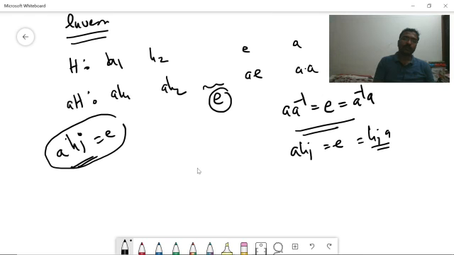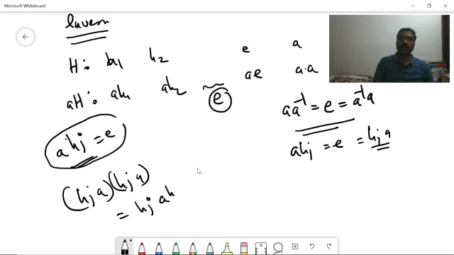So before that, what I am going to do is consider this HjA into HjA. We are just going to evaluate what this is. By the associative property, you can compute in any order, you can change the order of computation. So Hj into AHj into A. Okay, now what is AHj?